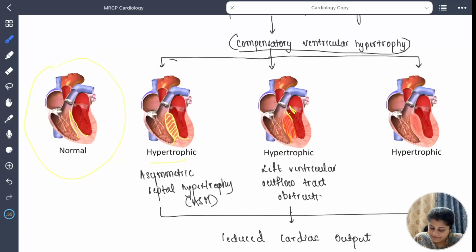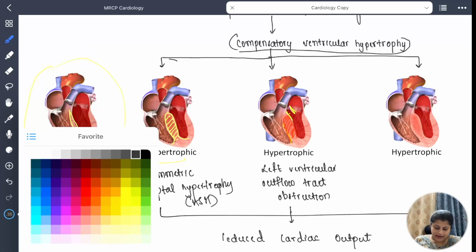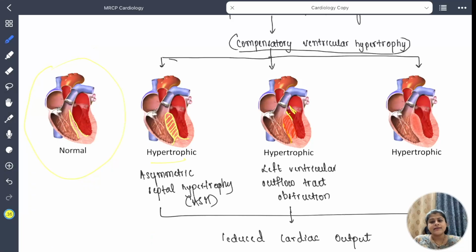Now, come to the fourth image. What is happening here? We'll again say the same thing: there is asymmetric septal hypertrophy. This septal hypertrophy is obstructing the left ventricular outflow tract.